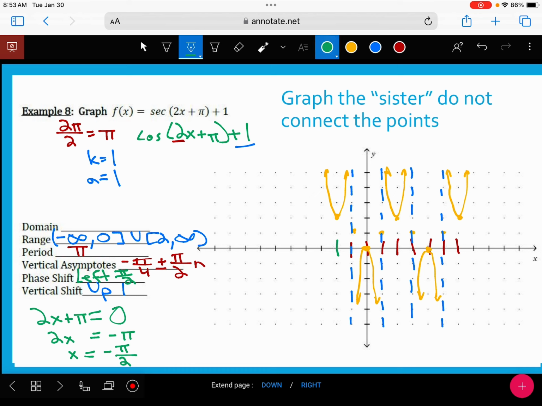And then our domain, remember, all real numbers, but x does not, thank you. It's a great reminder. It was awesome that you saw that. X does not equal, and then we just insert where the vertical asymptotes are. So negative pi over 4 plus or minus pi over 2n.